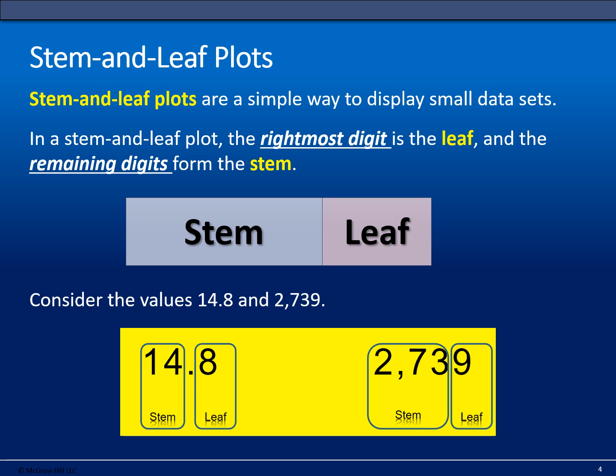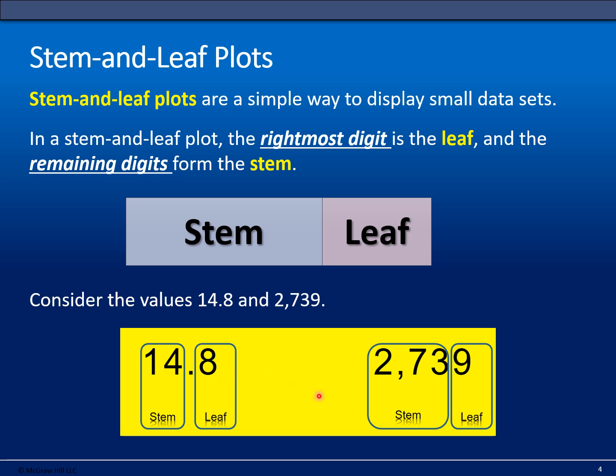The rightmost digit is the 8. Here, this is the leaf, and the rest of the digits, the 14, form the stem.